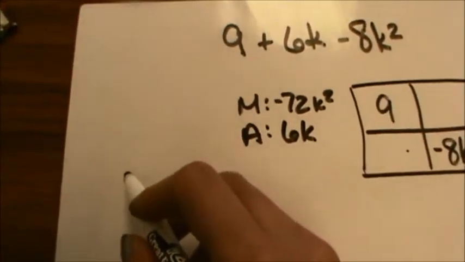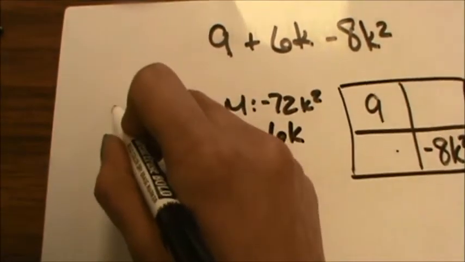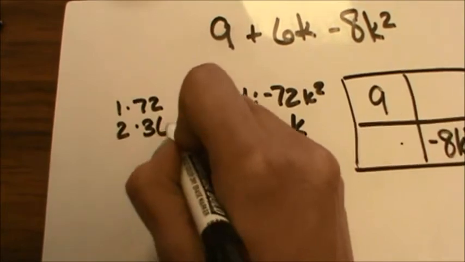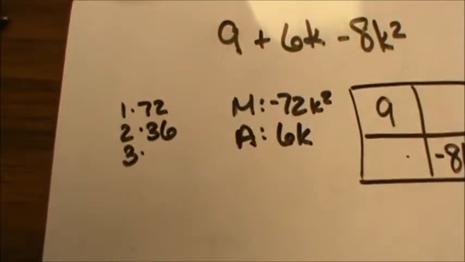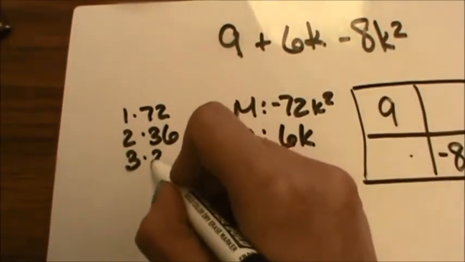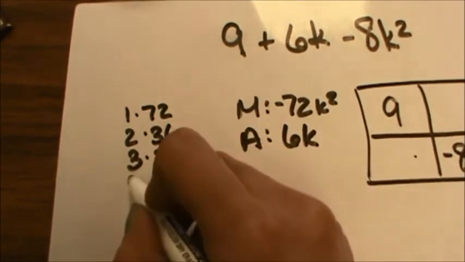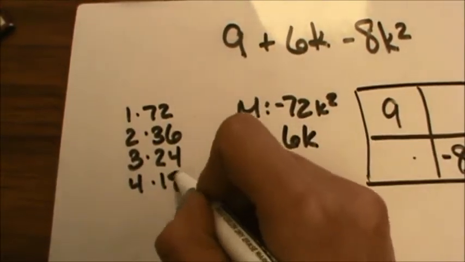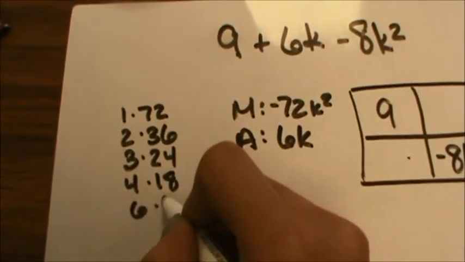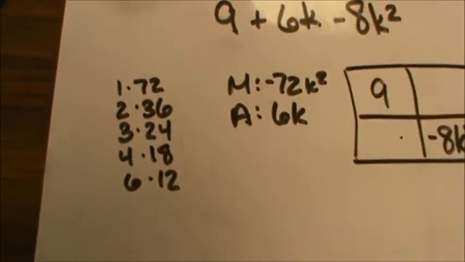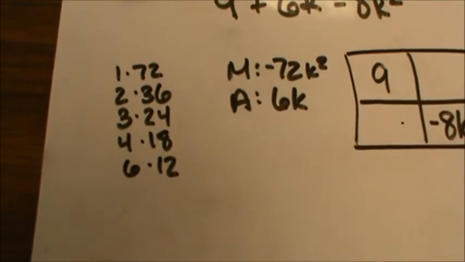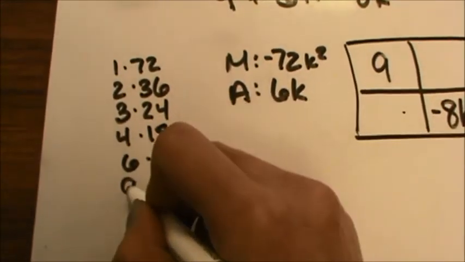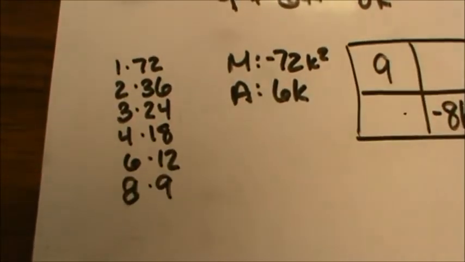So I need to look at all my factors of 72. 1 and 72, 2 and 36, 3 and 24, 4 and 18, 6 and 12, 7, no, 8, no, 9 and, 8 and 9.